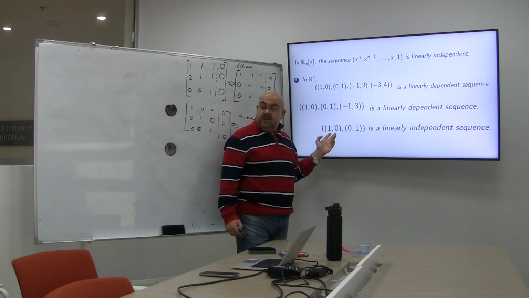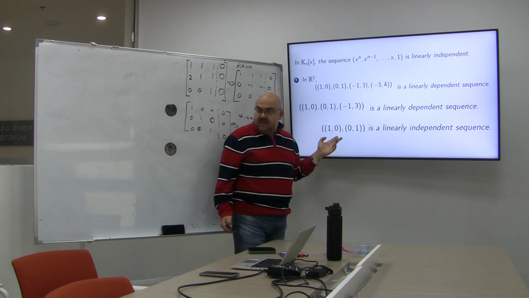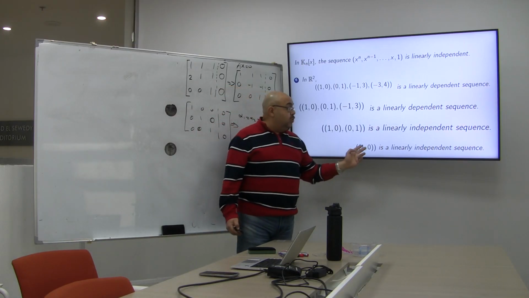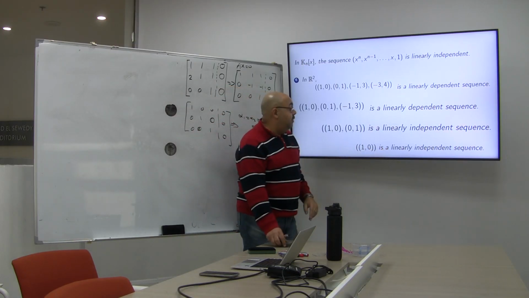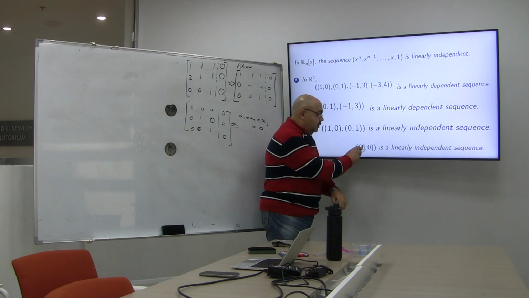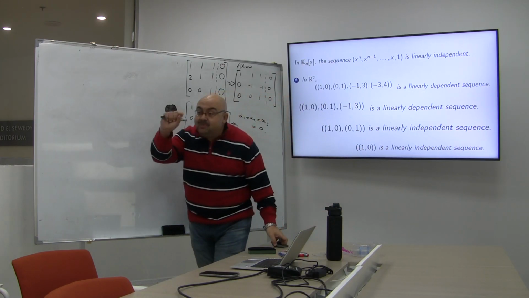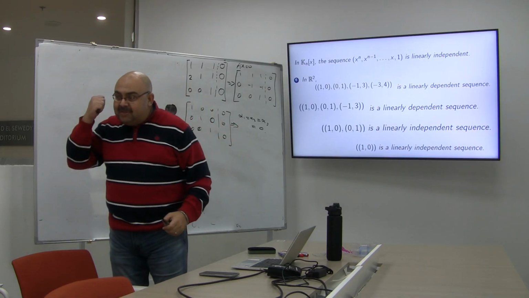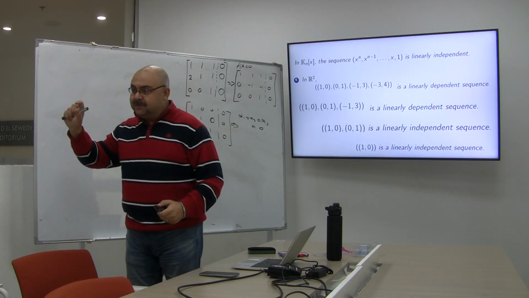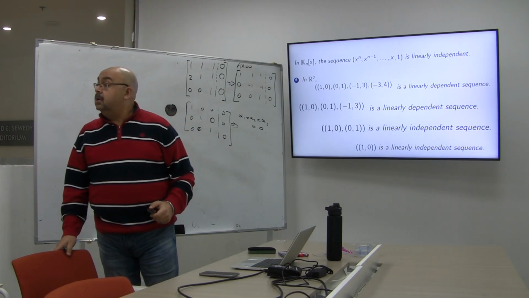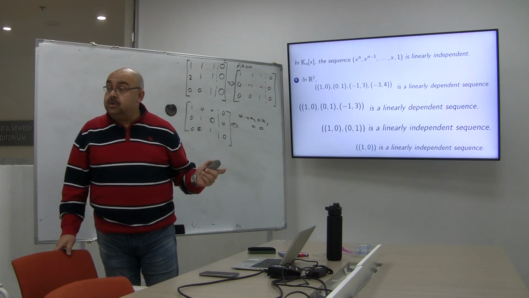This is a linearly independent set of vectors. I can't generate any one of them from the other. I can't, simply. Okay, (1, 0) is a linearly independent sequence. Remark, if this is (0, 0), it's going to be linearly dependent, and that's from the statement at the beginning of this part, if I have just one vector.